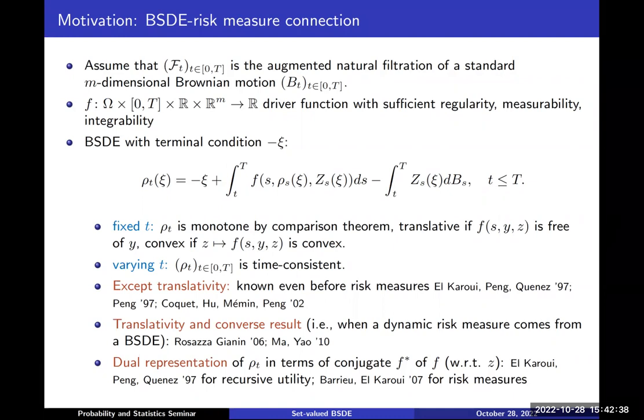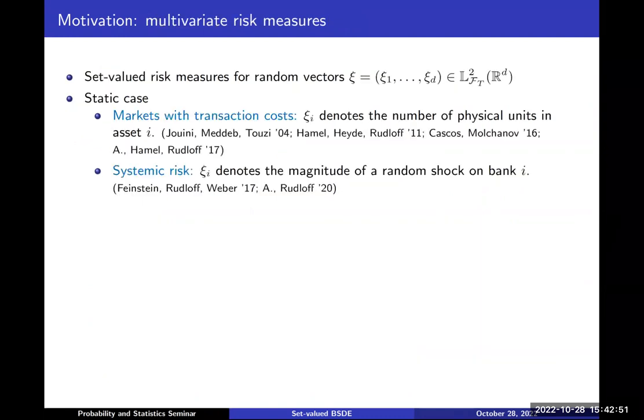And in terms of the convex conjugate of F with respect to Z, one can even provide a dual representation theorem for this kind of risk measure coming from a BSDE.